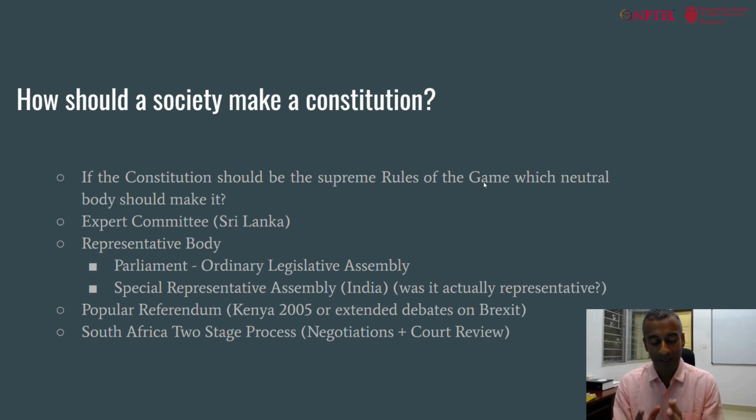For those of you who are interested in the South African story, these are all reasonably well documented and available on the internet. So you have political negotiations between the representatives of the black majority and the political representatives of the white minority. But that was not what concluded it.